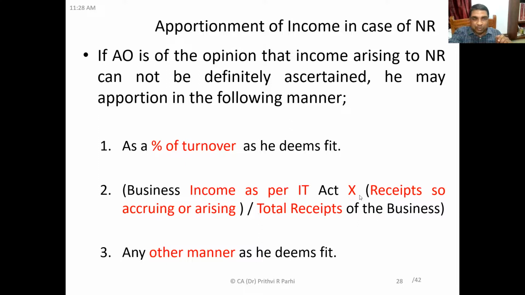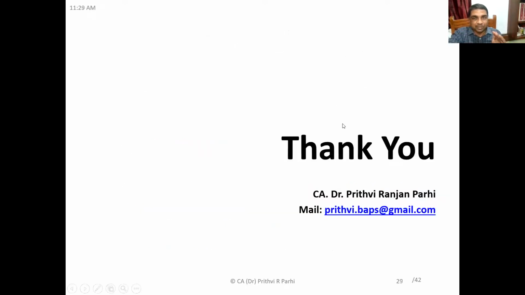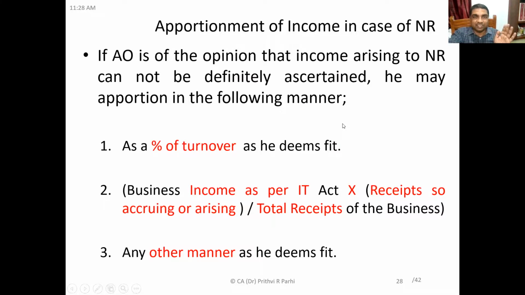That means proportionately we find out how much of the business income is accruing or arising in India. Or in any manner as he deems fit. That means the assessing officer will apply his mind, either on the basis of percentage of turnover or proportionately, he can decide how much income is accruing or arising in India. Are you getting this point?